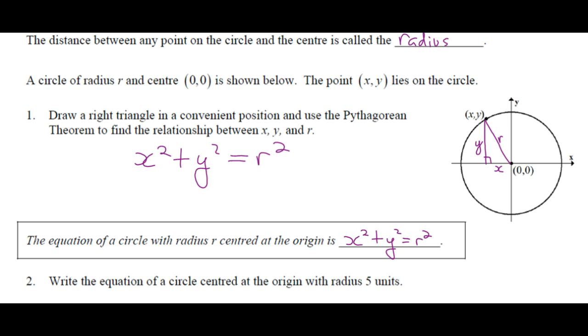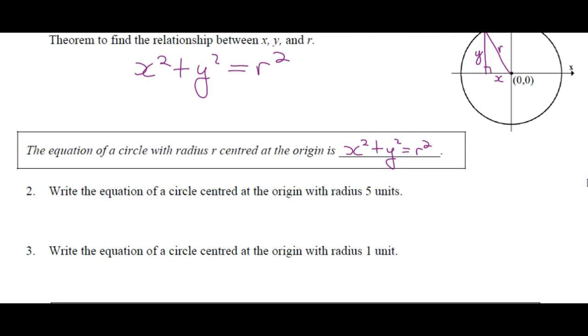Write the equation of a circle centered at the origin with radius 5 units. So what would that be? Instead of r, you're going to put in 5. So we would first write x squared plus y squared is equal to 5 squared, or x squared plus y squared is equal to 25.